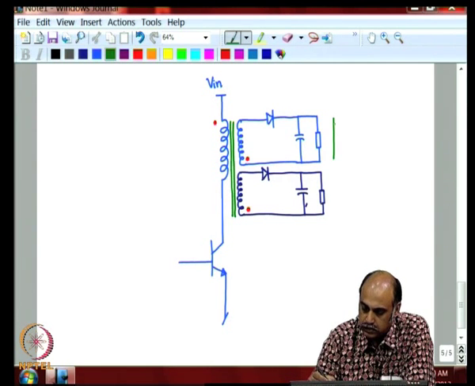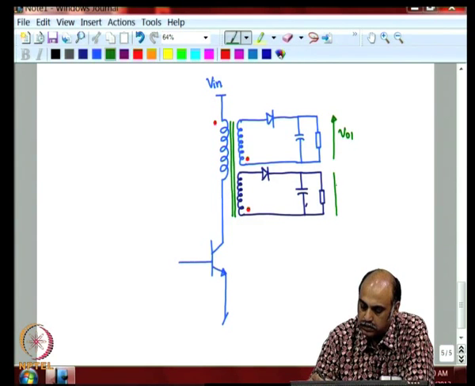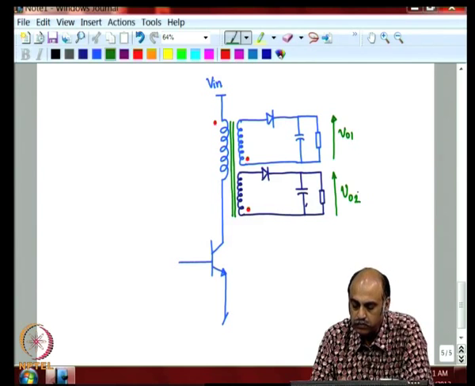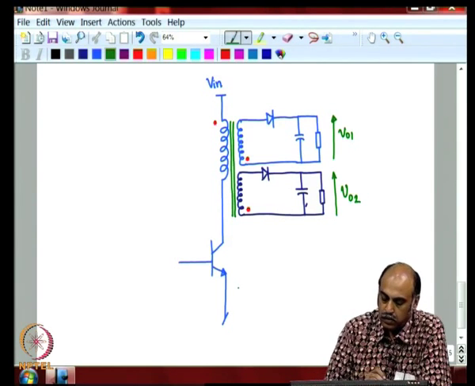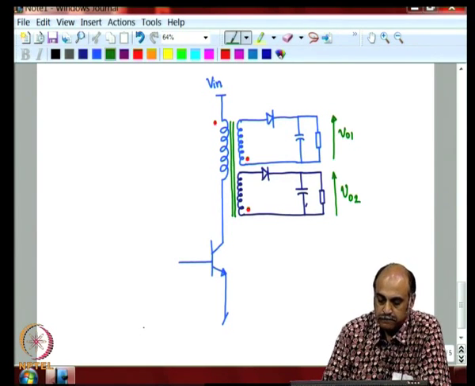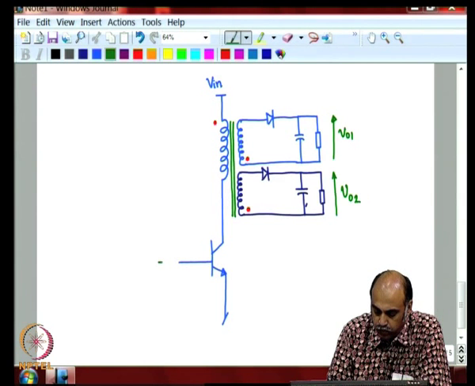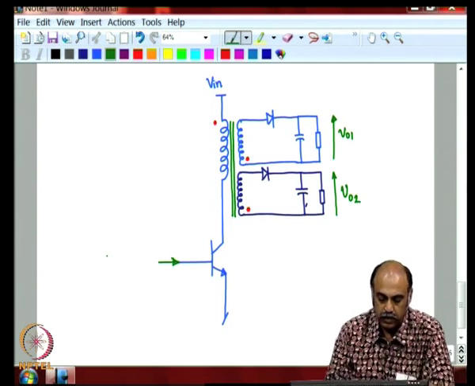So, let us say this is V naught 1 and this is V naught 2. So, you have two outputs and there is only one control input, which of course goes through the drive.